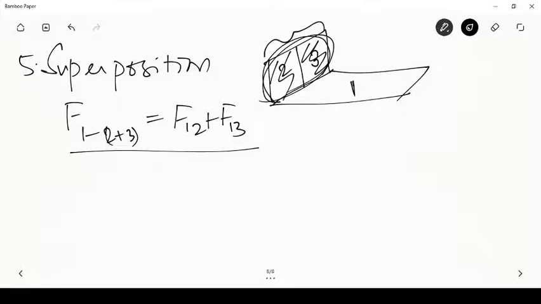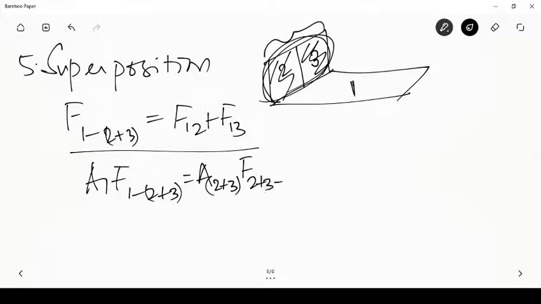Say for example, A1 F1 to 2 plus 3 is equal to A of 2 plus 3 into F2 plus 3 to 1. Now this is nothing but A2 plus A3 into F2 plus 3 to 1.